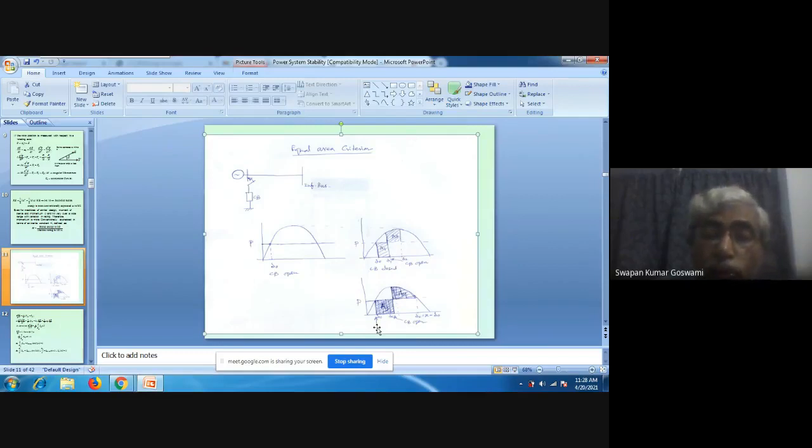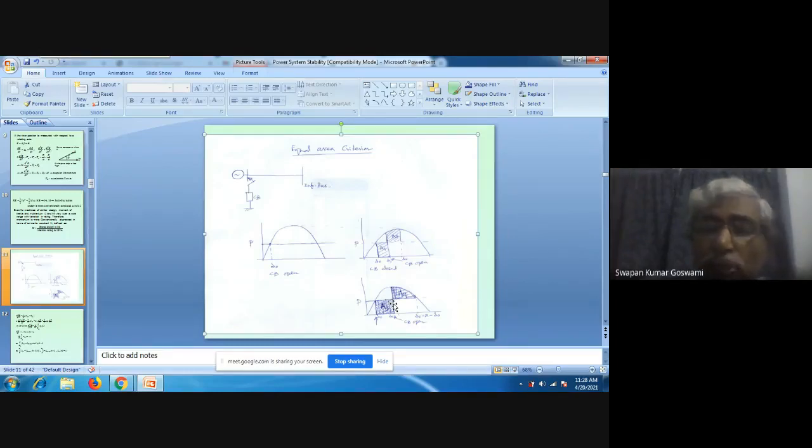That means two such areas are required to be available, where one area represents the energy inserted into the machine, and another area represents the energy extracted from the machine. These areas are possible to be available in this situation and in this situation, and the machine could maintain synchronous speed again.